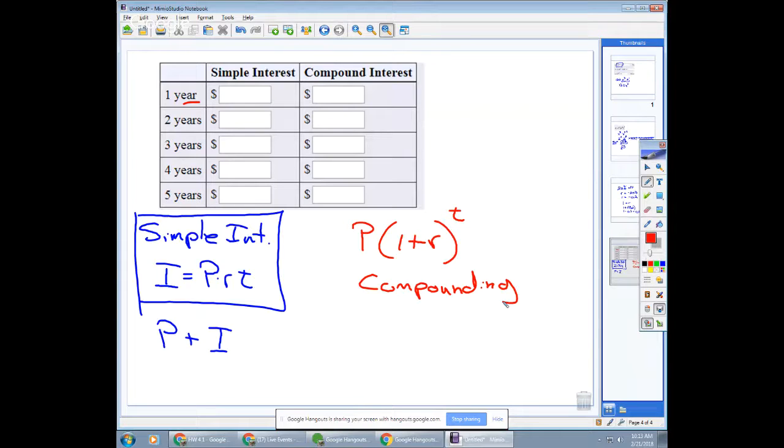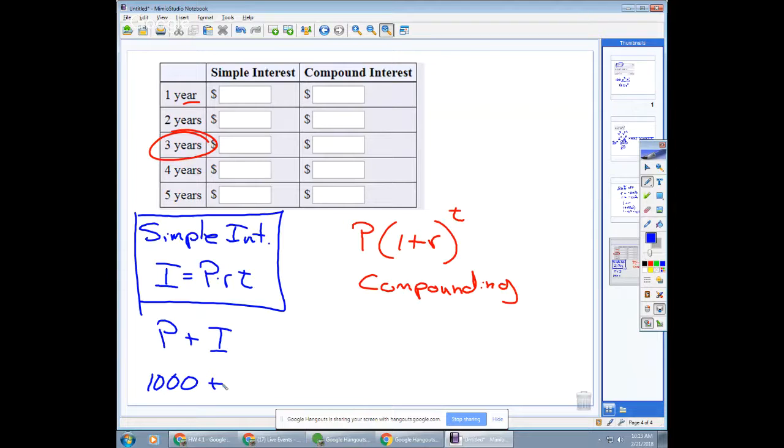So for example, I'm just going to focus on 3 years here, and the other ones are pretty similar. For simple interest in 3 years, they're going to give me my $1,000 investment back, and then they're going to calculate my interest. How do we calculate interest again? Just principal times rate times time.